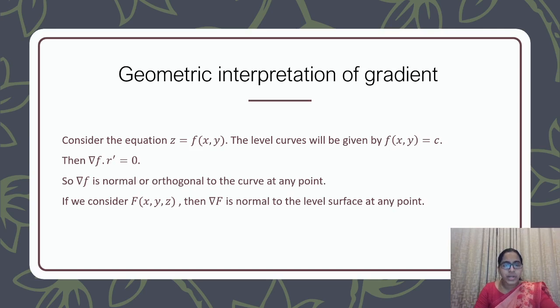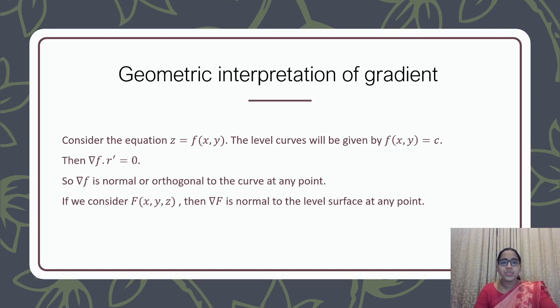If we consider the equation z equals f of x, y, the level curves will be given by f of x, y equal to some constant c. Just recall how we found the level curves. Then grad f dot r dash is 0. This is obtained by differentiating this equation and considering the parametric form of x and y.